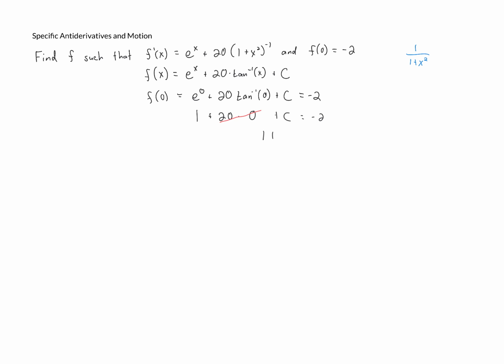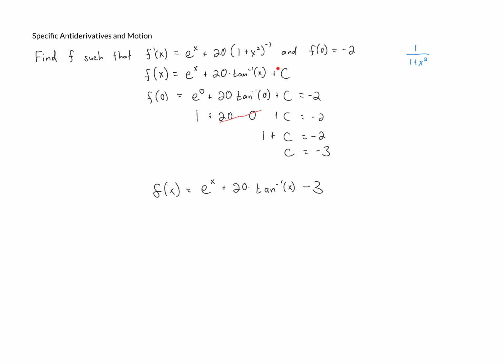And so we have 1 plus c equals negative 2. And if we subtract 1 from both sides, that tells us that c is negative 3. And so we know that our function is equal to e to the x plus 20 times inverse tangent of x, and then minus 3.